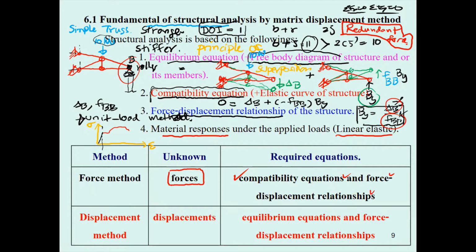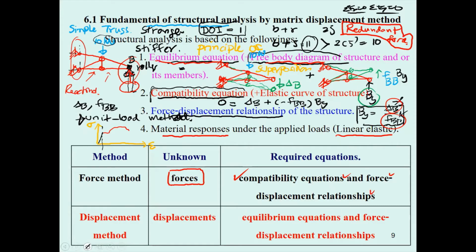After we get B sub y, if you know the force B sub y here, we can use the free body diagram and the equations of equilibrium to solve for the internal forces of this truss, and for the reactions of this truss. Then you use your knowledge of mechanics of materials to design this truss easily.